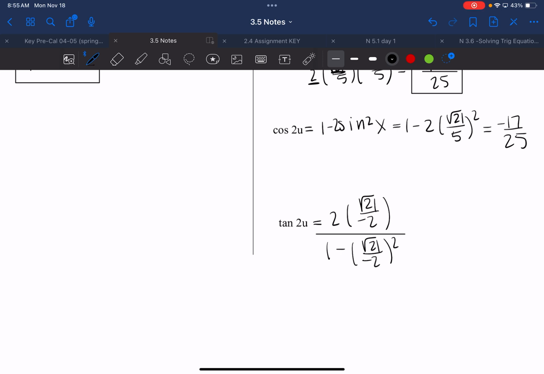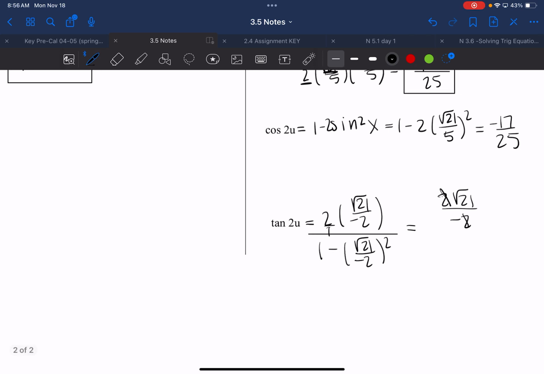Okay, so in the numerator, we would get 2 root 21 over negative 2, right? And that positive 2 and negative 2 cancel, right? So I'm just really left with negative root 21, right?